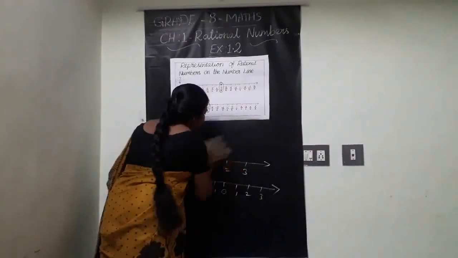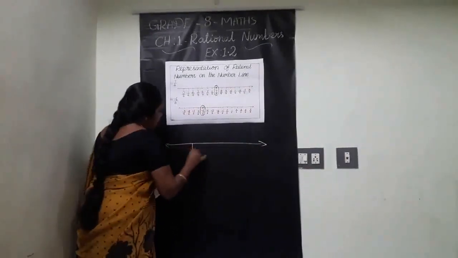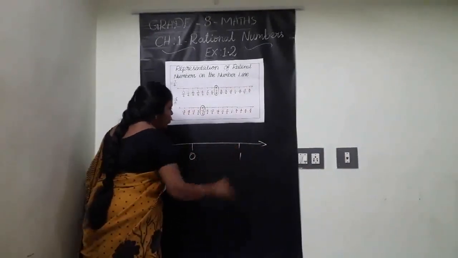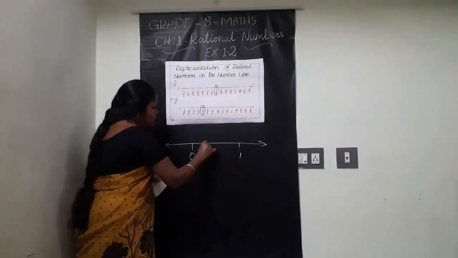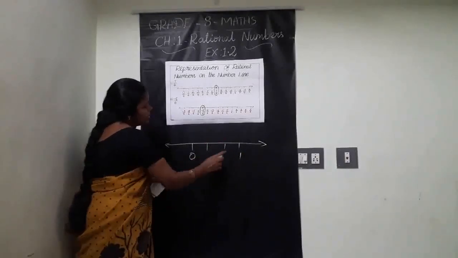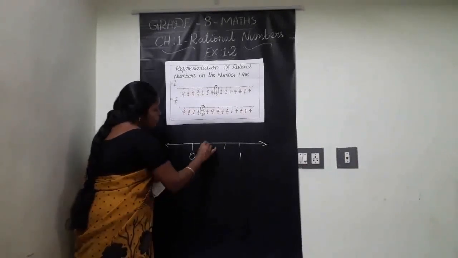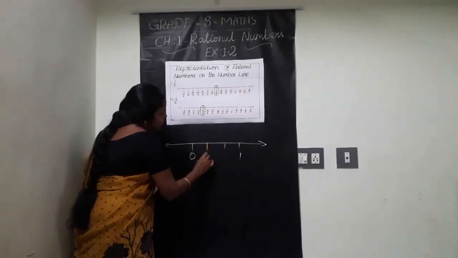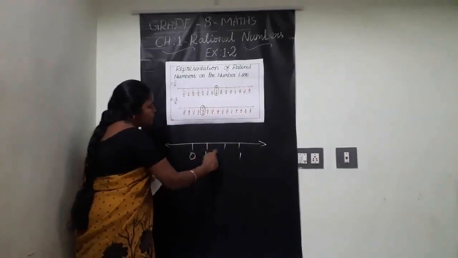Just watch. See now, in this I have taken the interval 0 to 1. In this I am going to cut 3 pieces: 1, 2, 3. That means what is the first piece to be represented? 1 by 3, out of 3 pieces.